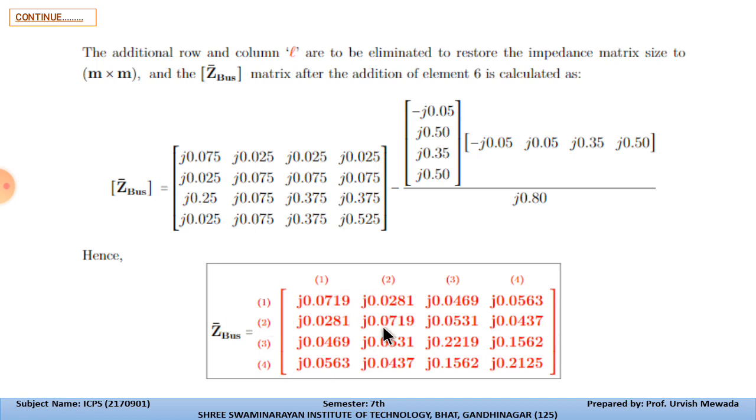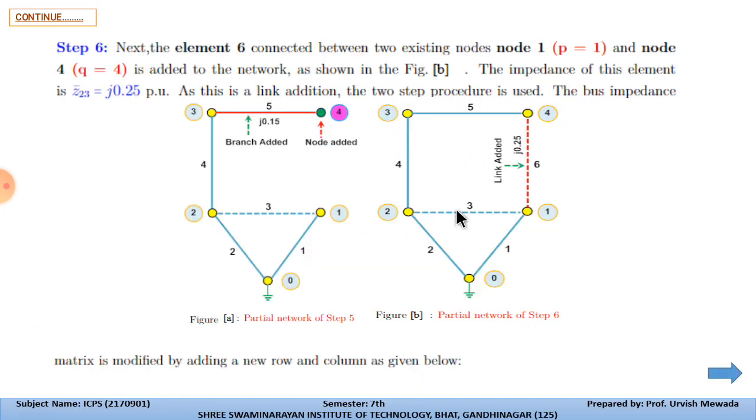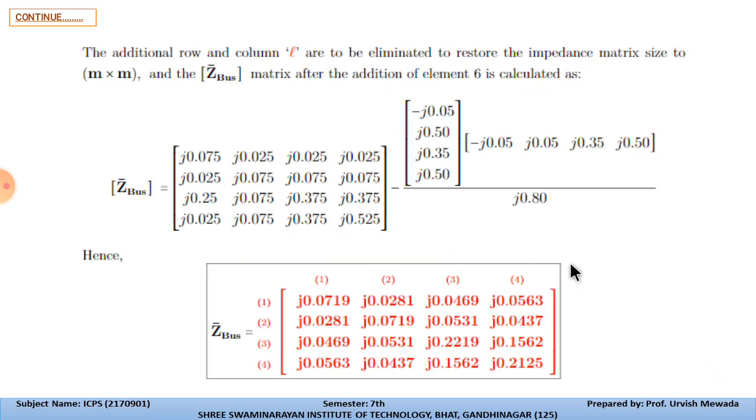This is the old matrix, and after solving this we get this one. After putting link number 6, this will be the Zbus for this particular network.